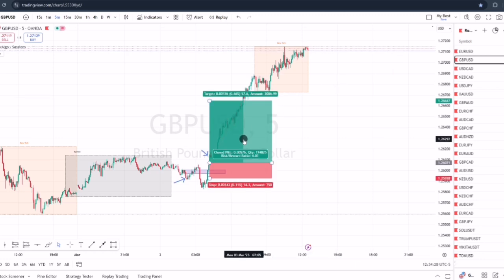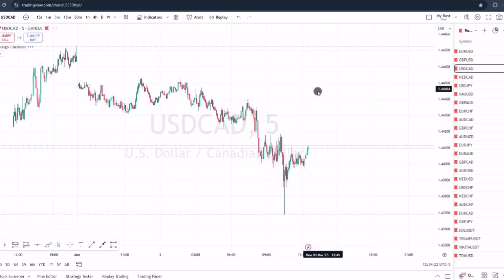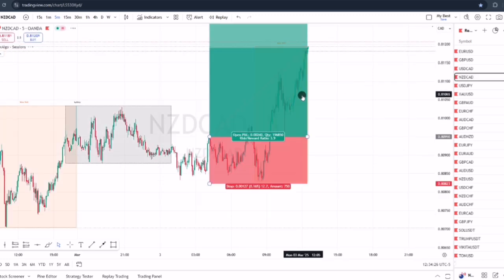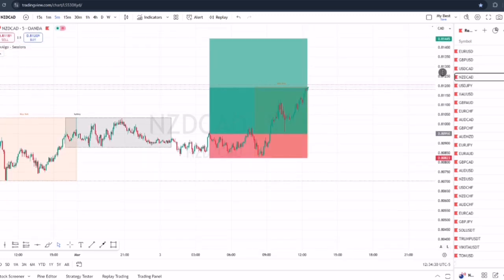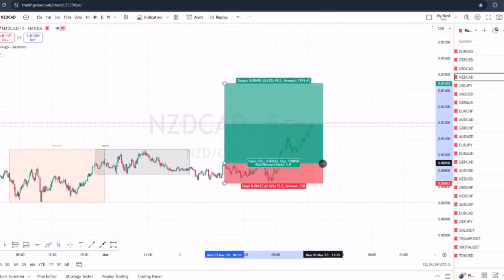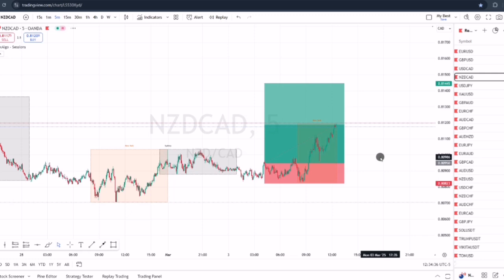Here it was 14. Here 10. Here it's 12. So I like to have very tight stops for people who are trading small accounts. I don't want them to have a huge drawdown.